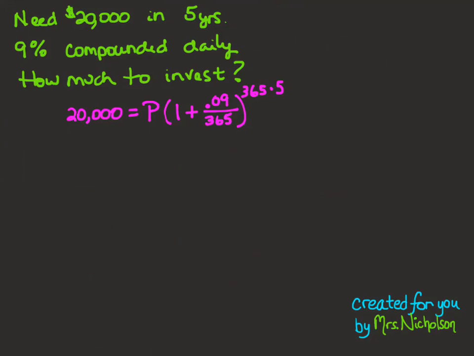So in this case, we're just solving for p. I need to get p by itself, and p is being multiplied by all of this, so I'm just going to divide by that. I'm going to divide by (1 plus 0.09 divided by 365) to the 365 times 5 power, on both sides.